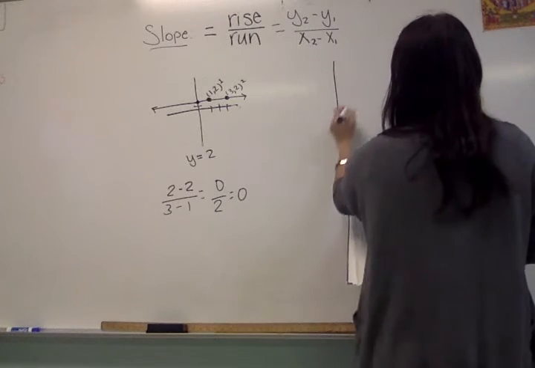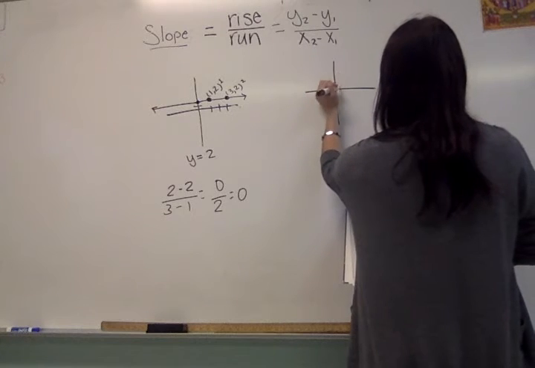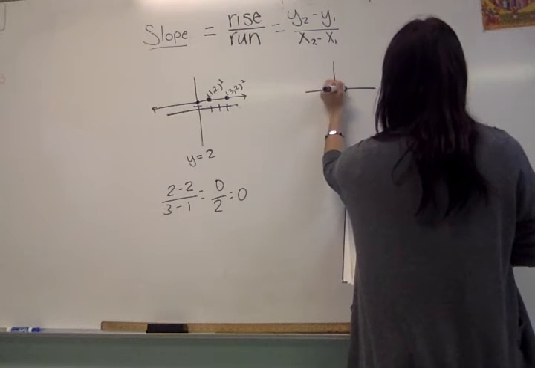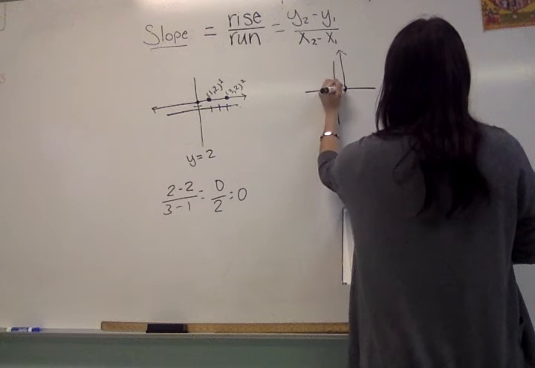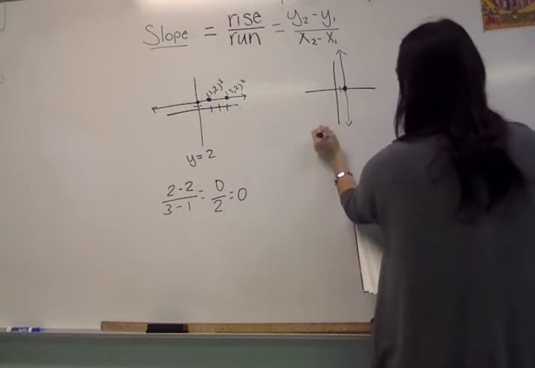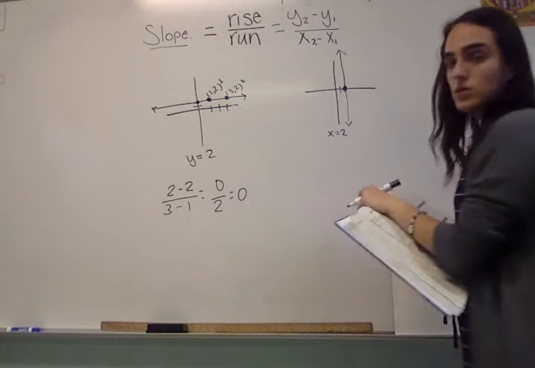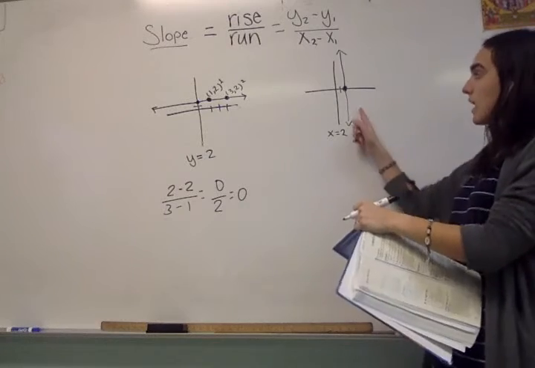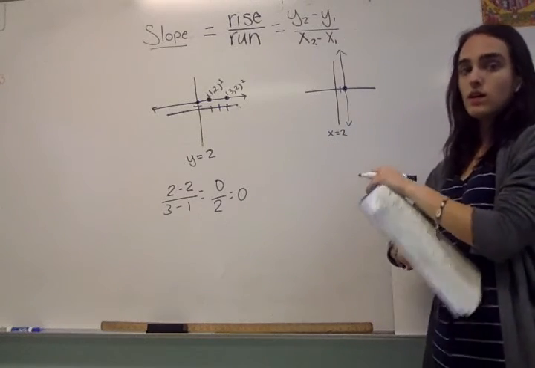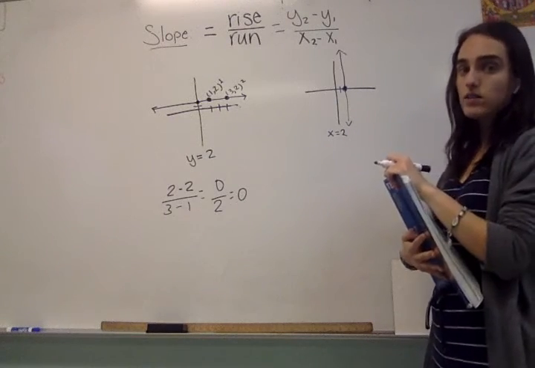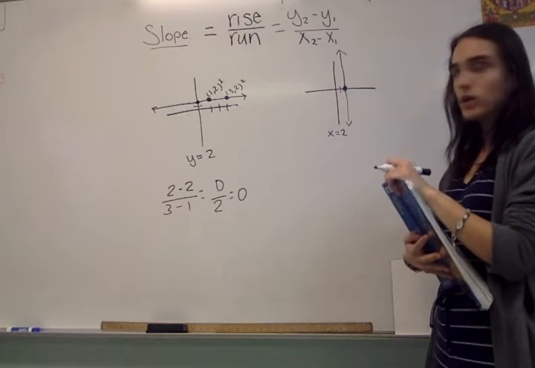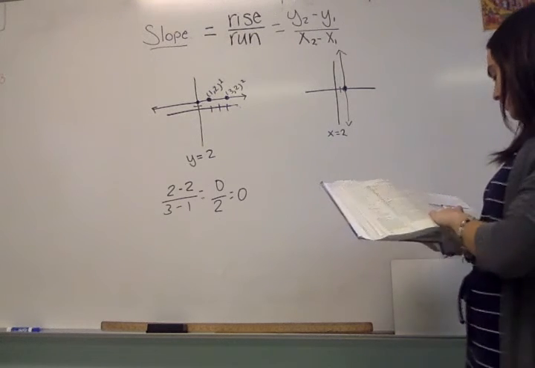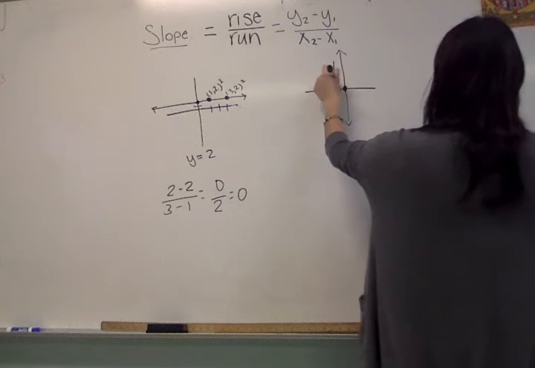What about my x's? What about my vertical line? Let's say I have x equals 2. Remember, if you have x equals 2, you can graph this as a vertical line at your x point. It will never cross the y-axis. So, to find the slope, I can pick some points.